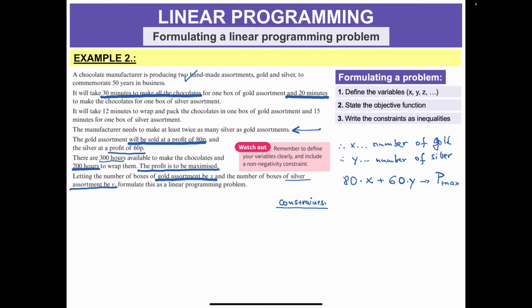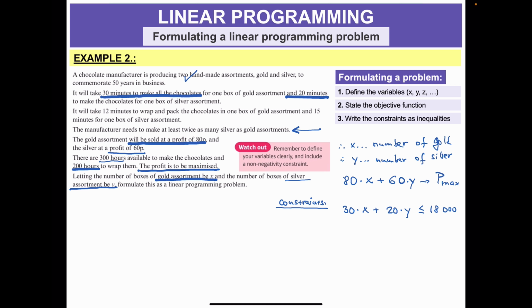So I know that for the gold assortments, I need 30 minutes each plus 20 minutes for each silver. And I know that it cannot go over 18,000 minutes. This is your 300 hours.